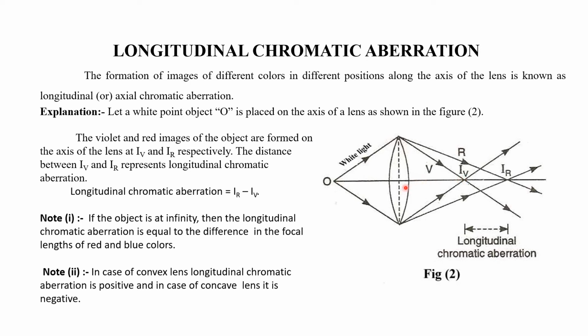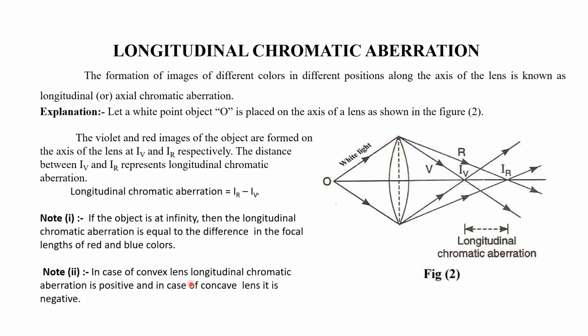Hence, the violet image is formed at its focal length, that means the focal length for violet color, and the red image is formed at the distance f of r, that means the focal length of red color. So for the object at infinity, the longitudinal chromatic aberration is f of r minus f of v.